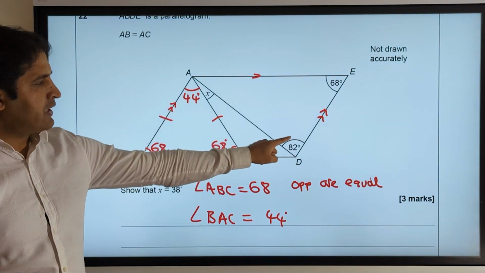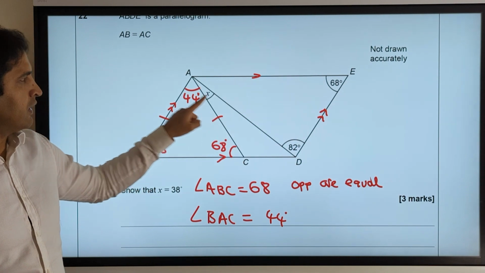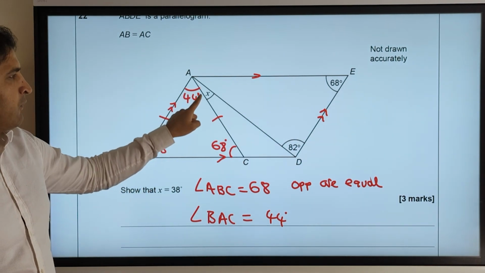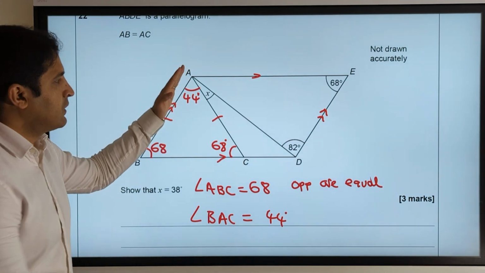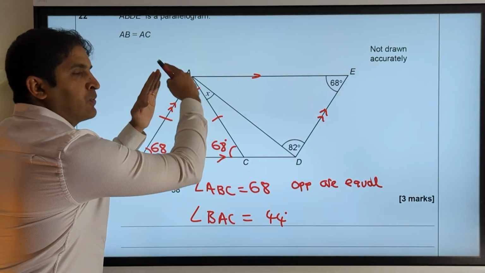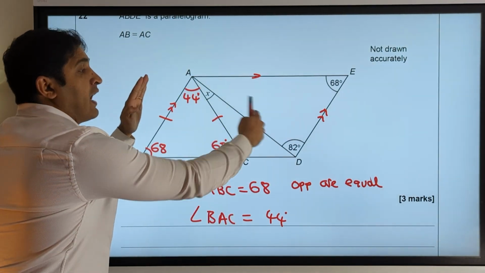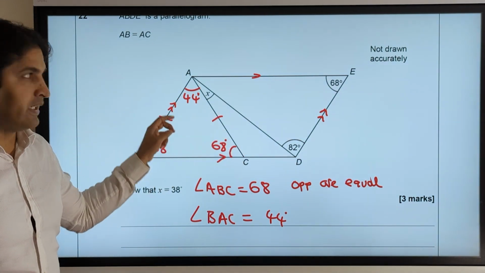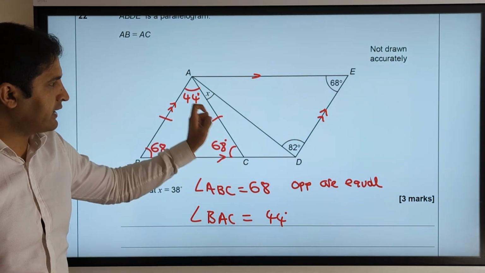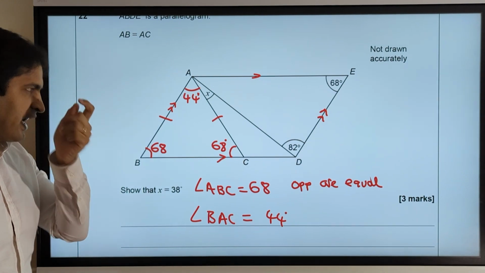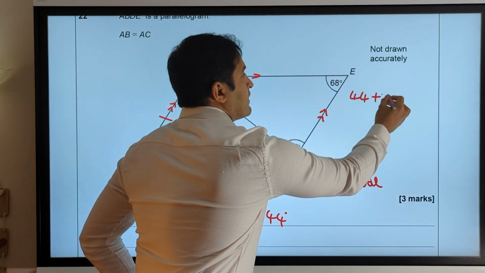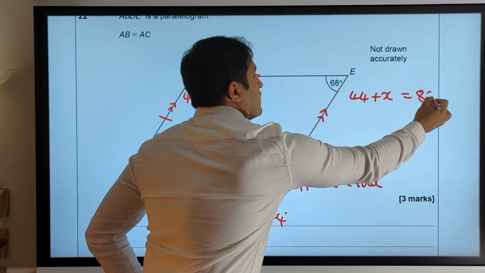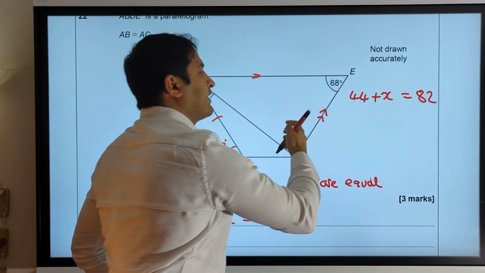Now we need to look at this part here. This 44 plus x is going to be exactly the same as 82. Why? Because these two lines are parallel and this is the transversal. So these are alternate angles in parallel lines. 44 plus x and 82 are alternate angles. So we're saying 44 plus x is the same as 82, because they are alternate angles.